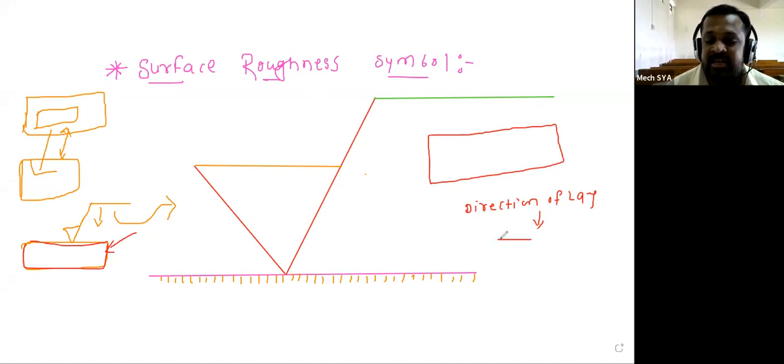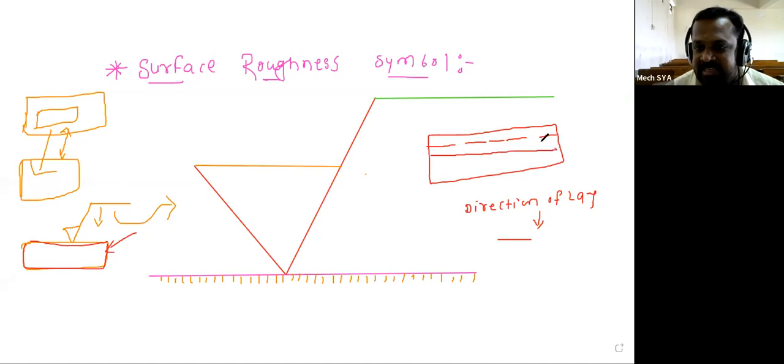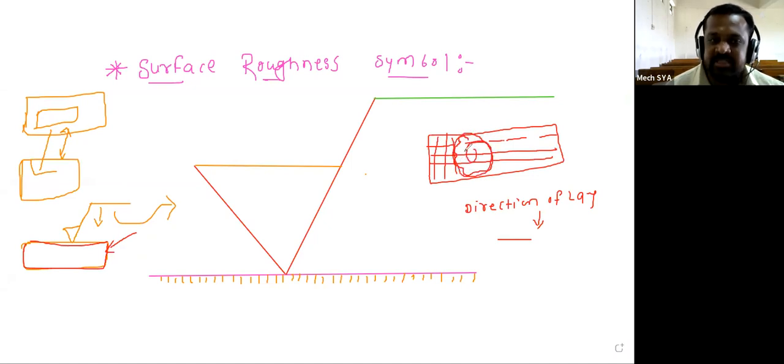See, this is the irregularity on the surface. Whether it is parallel, whether it is perpendicular like this, or whether it is circular like this. म्हणजे त्या सरफेसवरच्या अरेग्युलरिटीचा डायरेक्शन कसा आहे. It shows by the direction of lay.